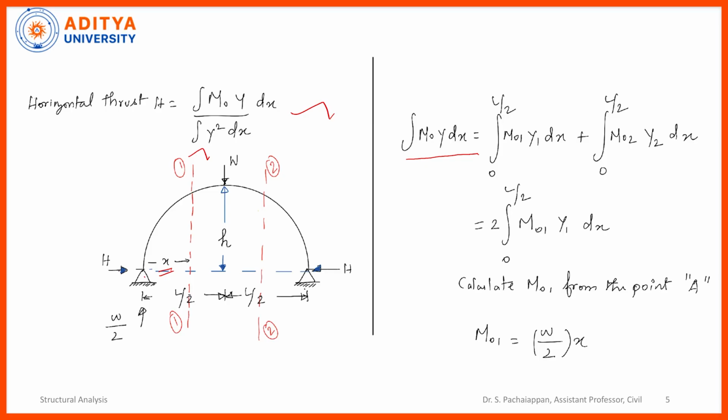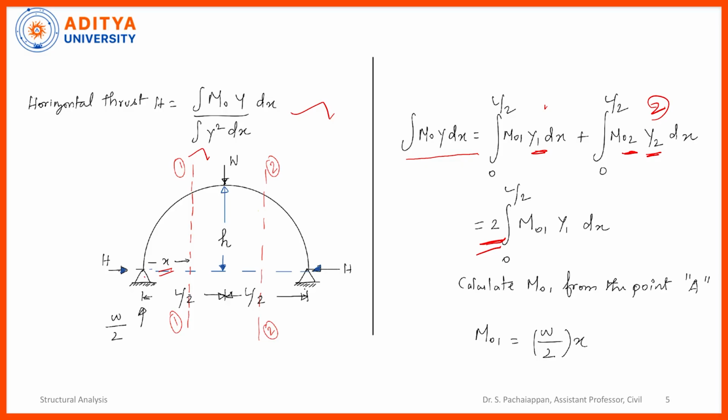Since two sections are there, I am writing 2 times the integral over 0 to L by 2 of M naught y1 dx. You might ask, here y1 is there and here y2 is there, how are both the same? Both are the same because of the symmetrical loading condition.